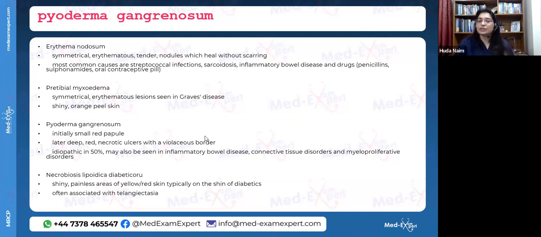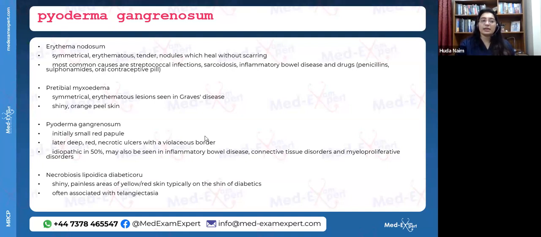The lesions on the shin are very important. They want you to know what erythema nodosum is and the different diseases where you get it, because if they tell you a patient has erythema nodosum, it starts narrowing down your differentials. It's seen in sarcoidosis, in infections like mycoplasma, and in inflammatory bowel disease. Some drugs can lead to erythema nodosum.